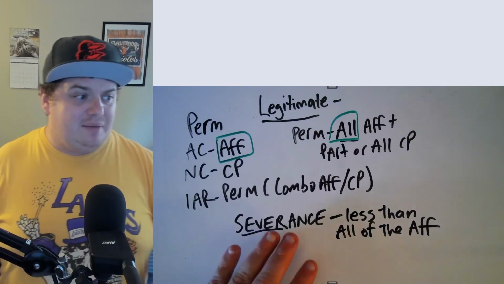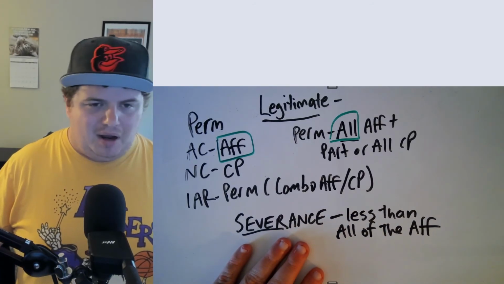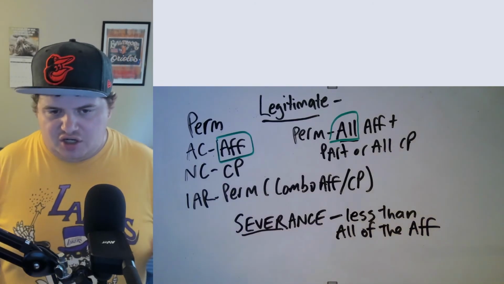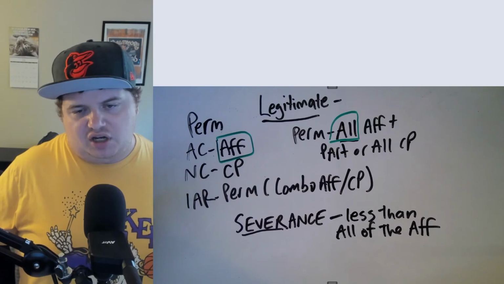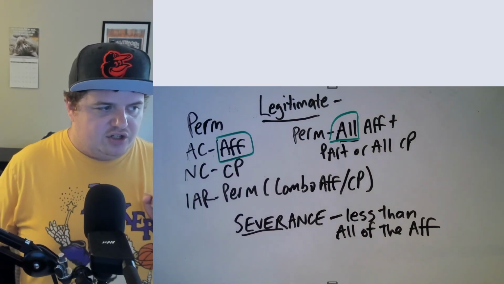So there's a couple other types of permutations. This is the main big one that we see. I would say lots of debaters are going to argue that any permutation is going to be severance, or it's going to link to the net benefit or disadvantage in the debate.